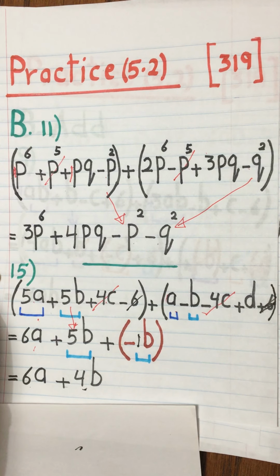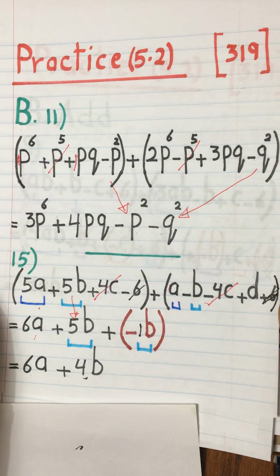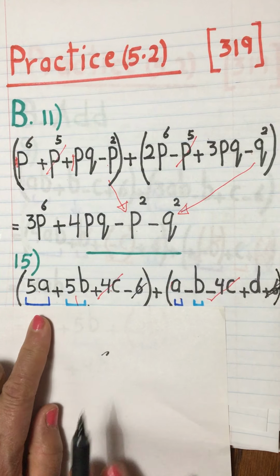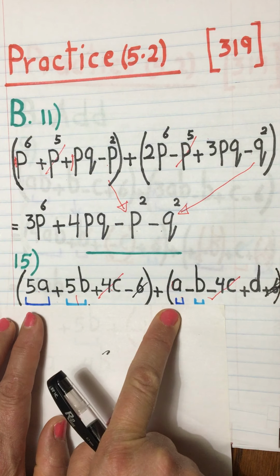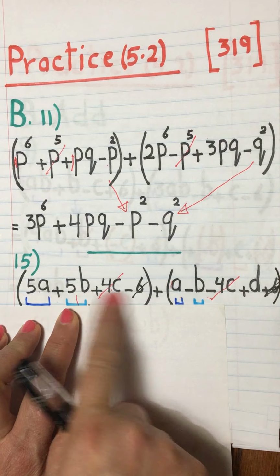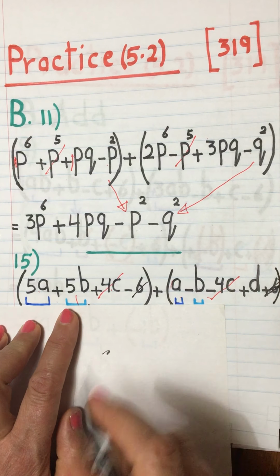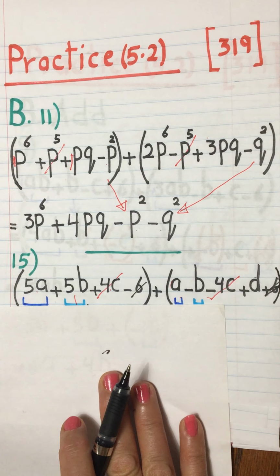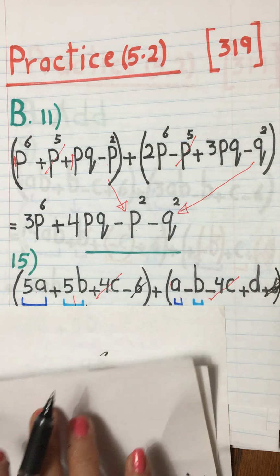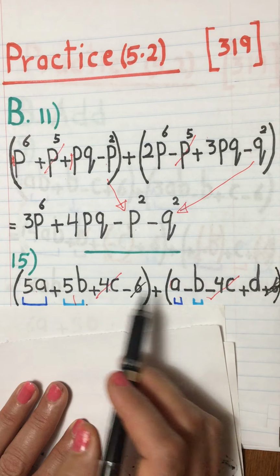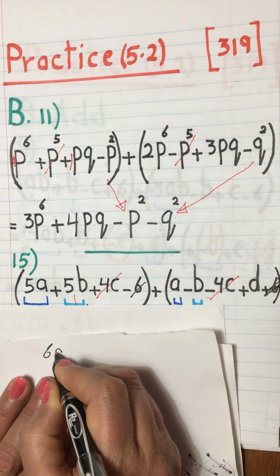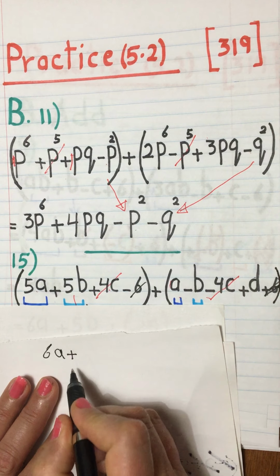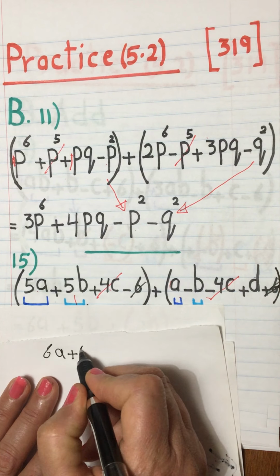Okay. So right here, if I look at 5a and plus a, this is going to be 6a. 5b minus b, I know it's 1 right here, so it's going to be 4b. So this one, it's 5a and 1a, 6a. 5b minus 1b, keep the sign for the large number, 5, and 4b.